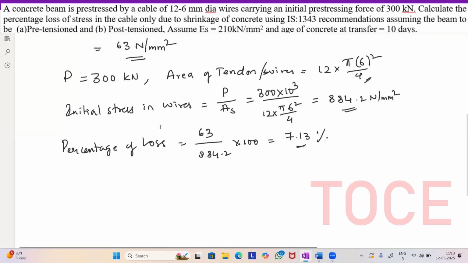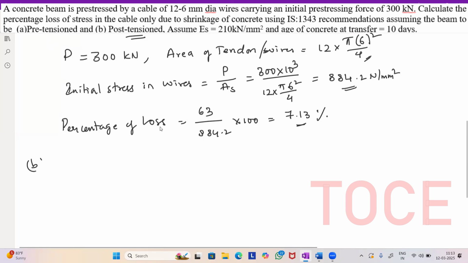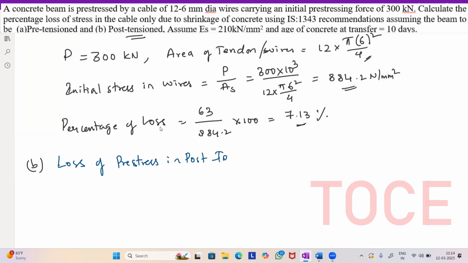Now let us find out the loss of pre-stress in the post-tension member.